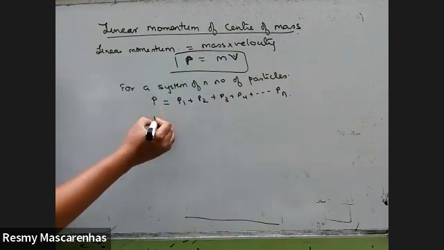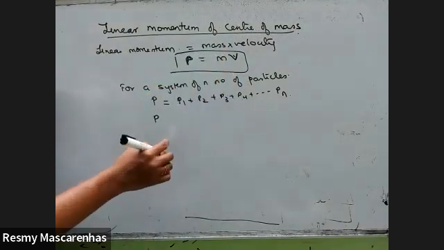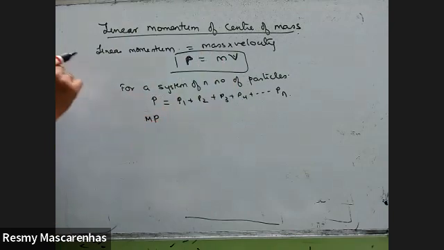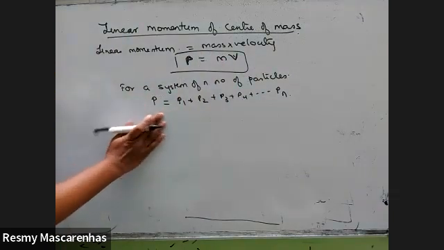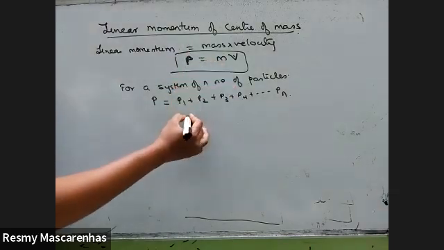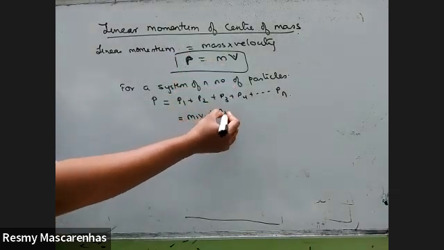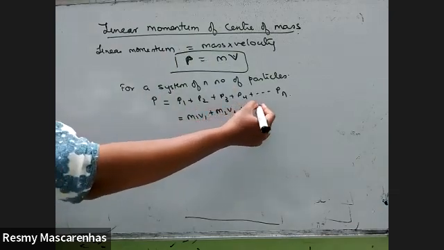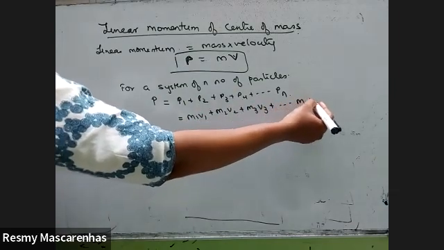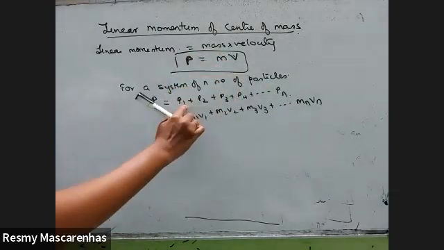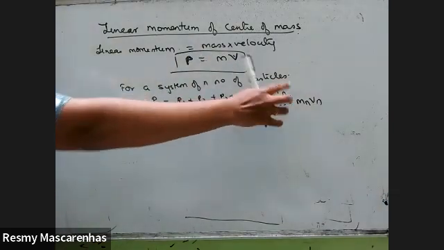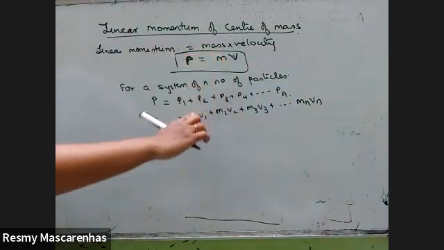So total P in terms of mass will be, what is P? Nothing but M1 V1, M2 V2, M3 V3 till Mn Vn. P is nothing but M into V. Total P will be the summation of all. So instead of P, I'm just putting this.